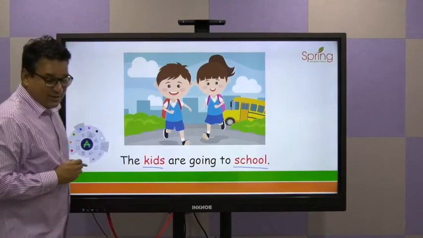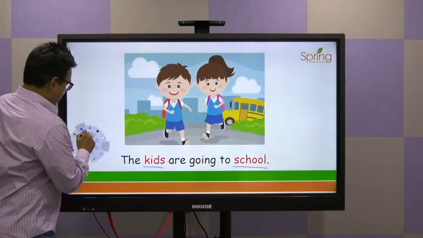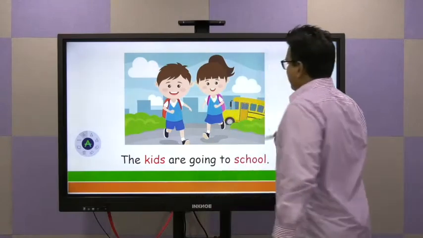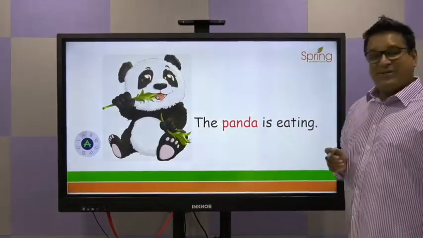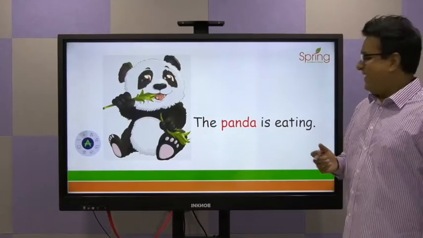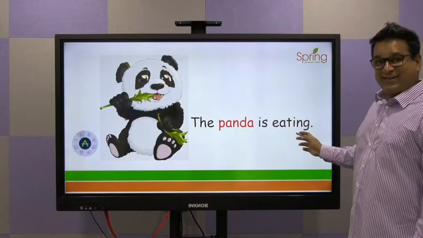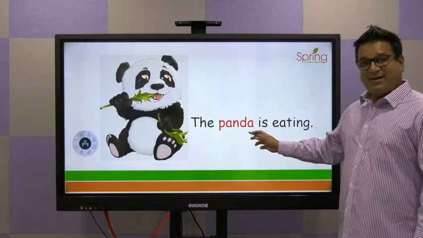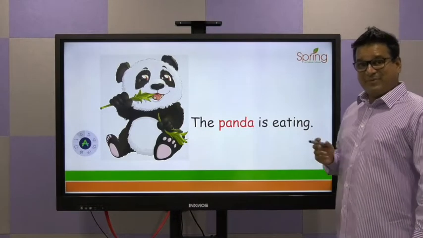Let's look at one more sentence. We have 2 more sentences actually. Okay? Do you know this cute little bear? It's a panda bear. The panda is eating. The panda is eating. Okay?